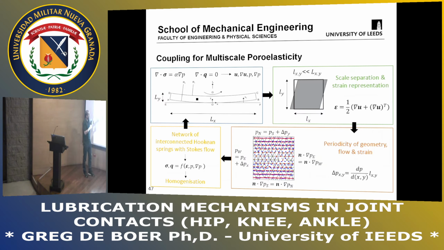So we're saying that this point can be represented by this type of smaller simulation, which becomes this fibrous network model with appropriate boundary conditions that let us have pressure gradients and strains applied to our spring network model, and then we average those to obtain a new functional relationship for our stresses and flow rates, which we then pass back into here. And the whole thing is fully coupled. And this is really moving beyond the description of cartilage using a continuum type model.